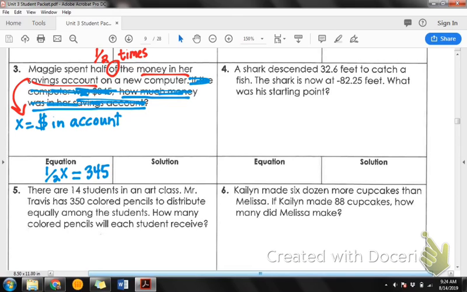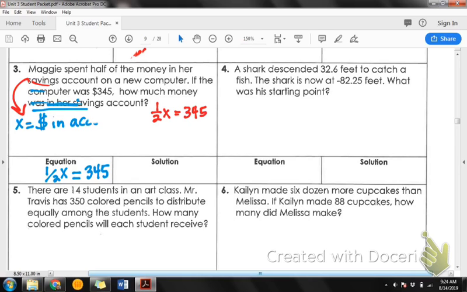Now, we haven't had a lot of fractions when we're solving these. To get rid of the fraction, if this was your equation, 1/2 X equals 345, you can multiply by what's called the reciprocal.